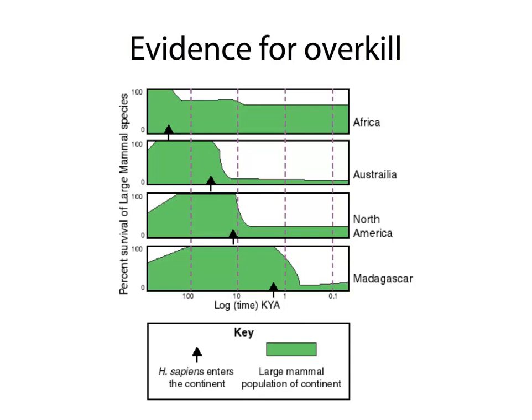The y-axis is percent survival of large mammal species, and the x-axis is over time. This is divided up on the right into the different continents, so Africa, Australia, North America, and so forth. The little black arrows indicate when humans got to those areas, and the green indicates the large mammal population of each of those continents.